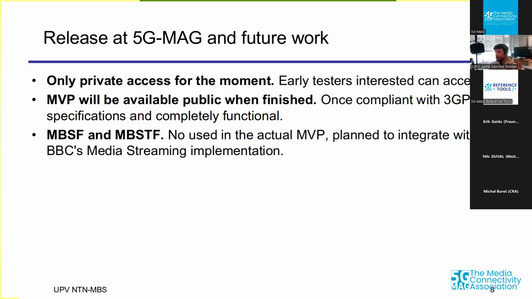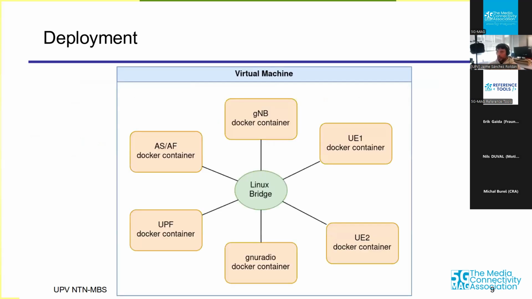But in the future, we will integrate the BBC's media streaming implementation with our 5G MBS broadcast implementation, and we will be able to use the MBSTF functions to transmit different multimedia content using different formats and so on.